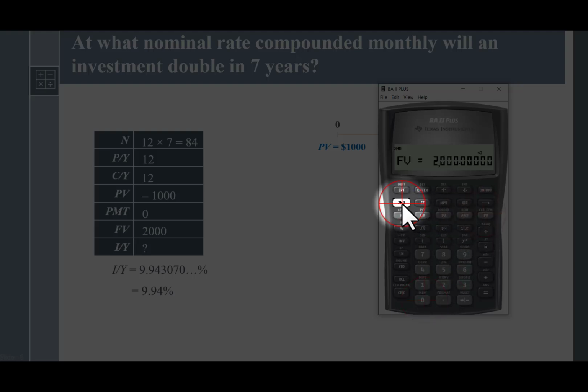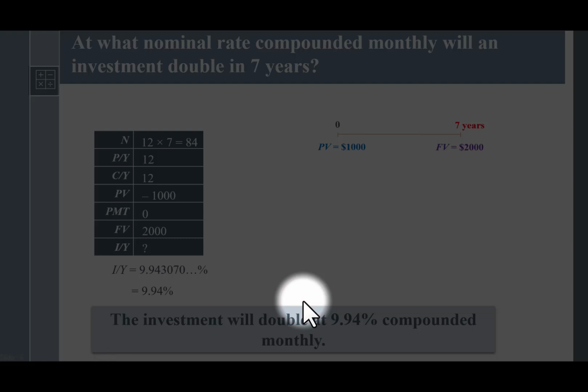Then I'm going to go to second PY and enter it as 12. Don't forget to press enter, then second quit. Finally, CPT IY, and it's 9.94307, rounding to 9.94%, and that should be the answer.